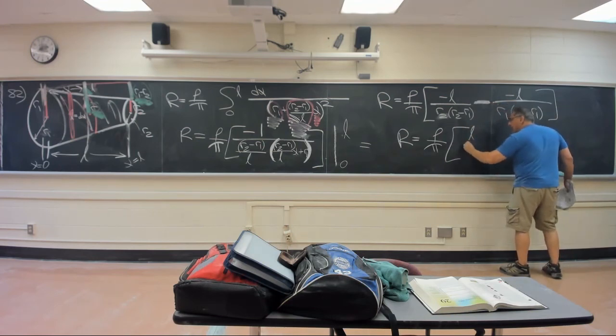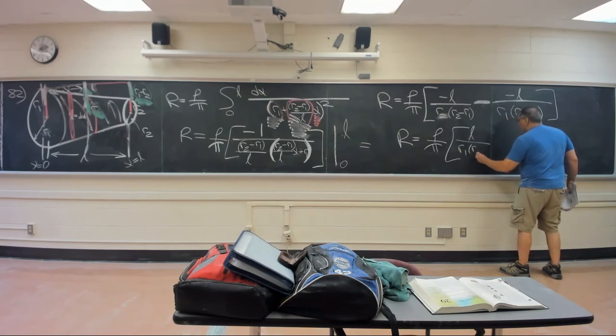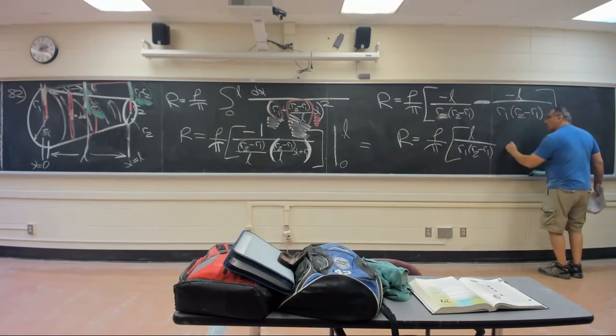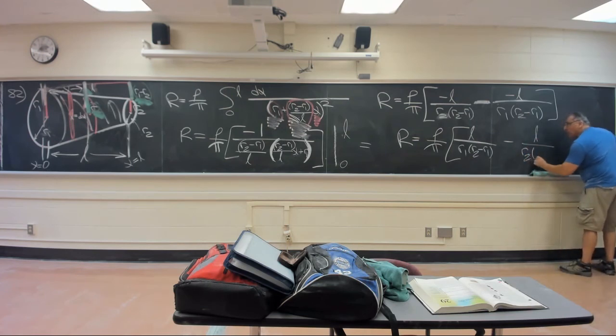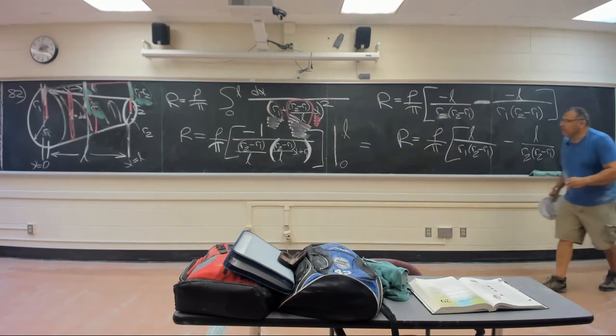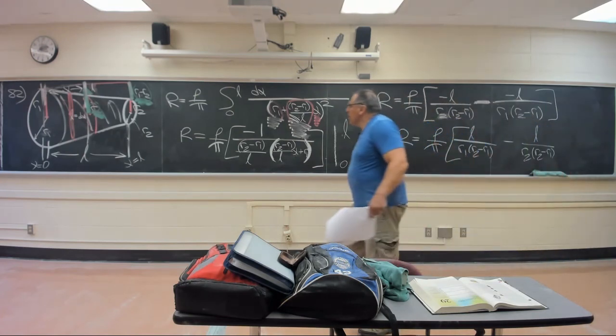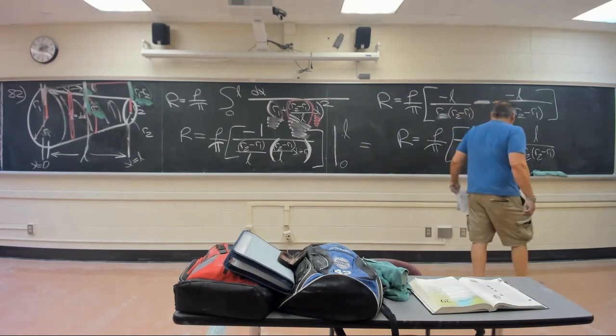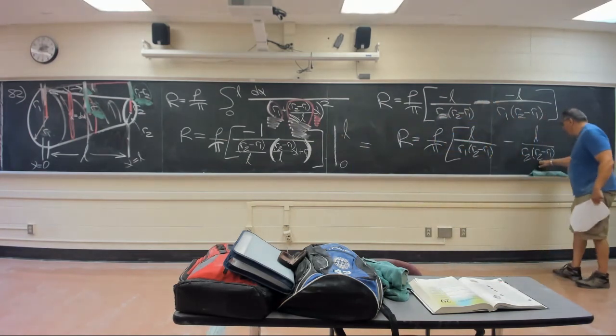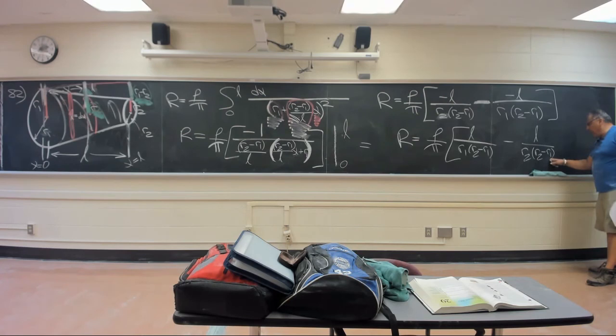So we got L over R1 times R2 minus R1, minus L over R2 times R2 minus R1. What's going on here? Well, R2 minus R1 is a negative number.